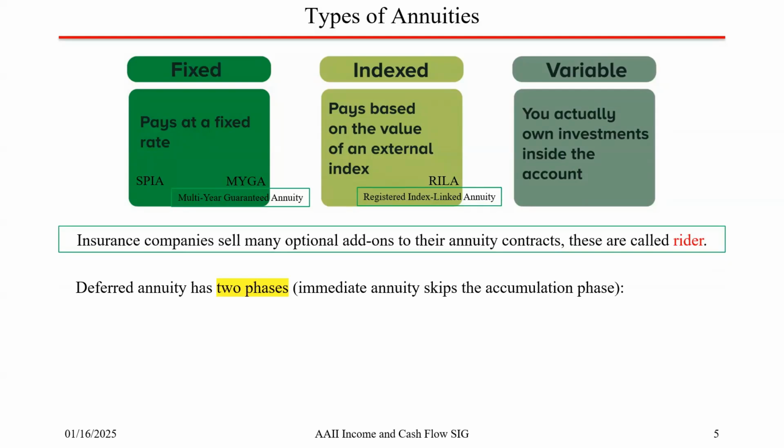So I alluded to deferred annuity has two phases. Basically, you have this accumulation phase. During the accumulation phase, there is no payout. Your contract value changes based on the type of the annuity.